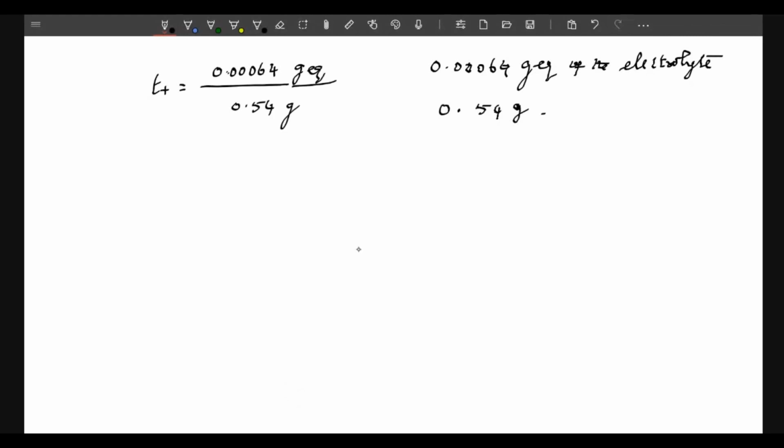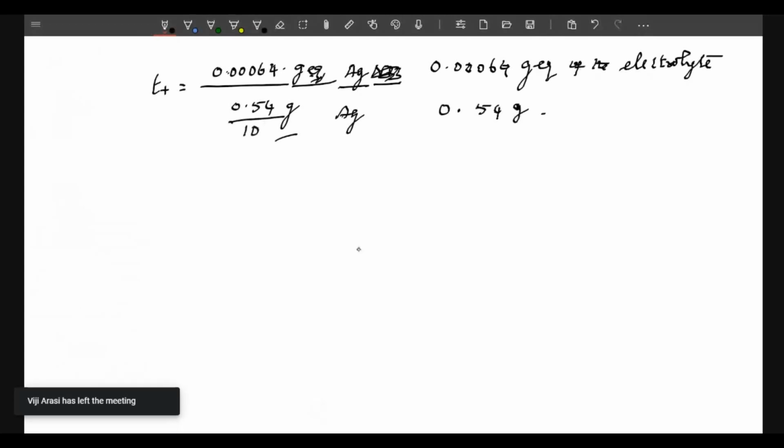Here it is gram equivalent, and here also silver nitrate, here also silver is deposited. Silver nitrate means so many gram equivalent of silver and so many equivalent of nitrate. But we can't use gram equivalent here, because here it is gram. Therefore, you should convert this gram into gram equivalent by dividing by 108. Then only will you get the correct answer. Okay. Therefore, when will you divide it by 108, and when is it not necessary to convert into equivalent?